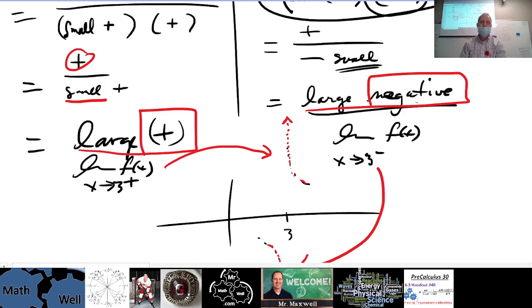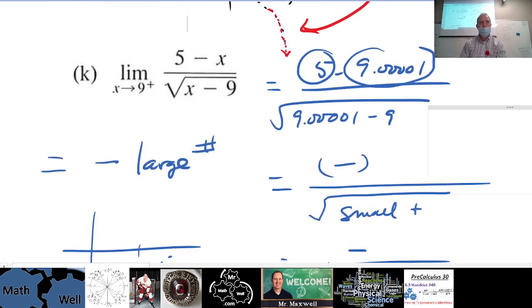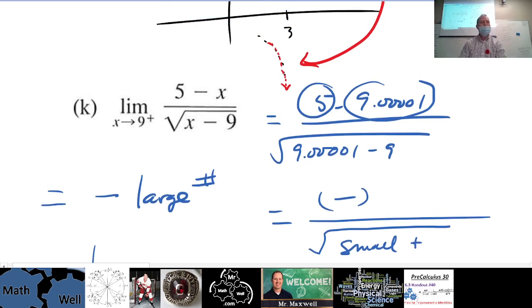Right now we don't have numerical values, but you can actually pump in actual numerical values here too. If you want to put in 9.01 and then 9.001 and then 9.000001 and see where those values tend towards, that's a great idea.